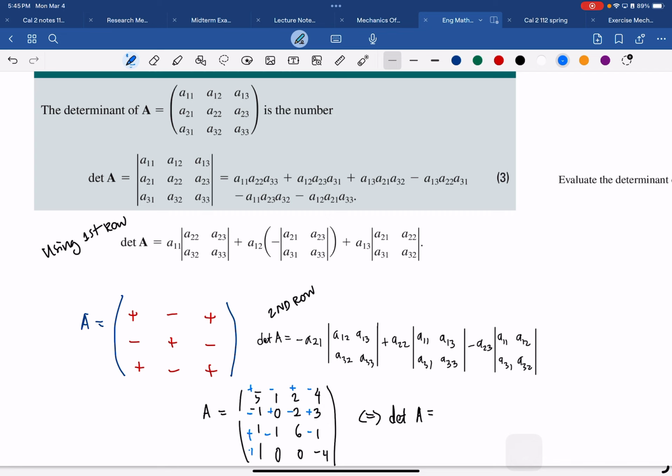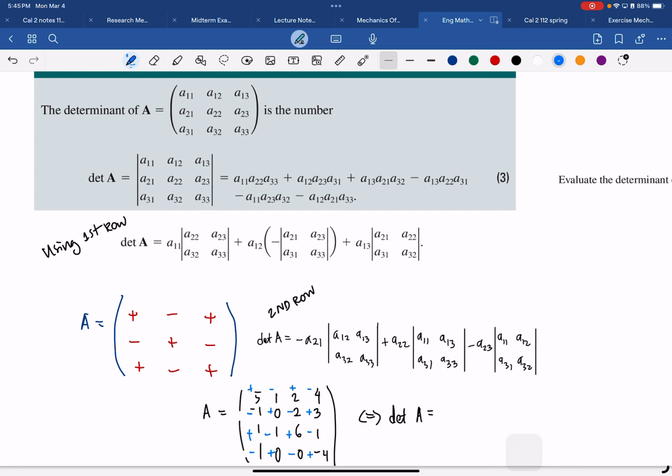So positive, negative, positive, negative, and then this starts with negative, positive, negative. The pattern should be, if you go column by column, the sign changes, and if you go row by row, the sign changes. Every column and row has different combinations. So by using these blue signs, we are going to determine the signs here.